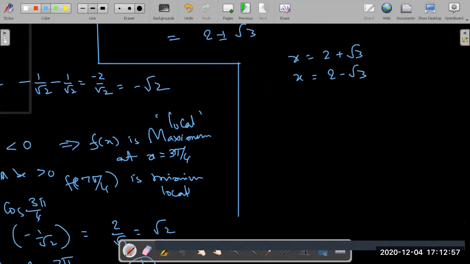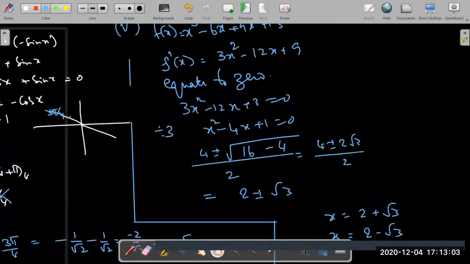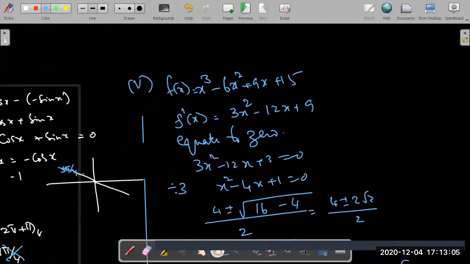So I have a doubt whether we have done correctly or not. So let's go back and check one more time. So 3x square minus 12x plus 9. So when we divide by 3, oh, again another mistake. Wow.